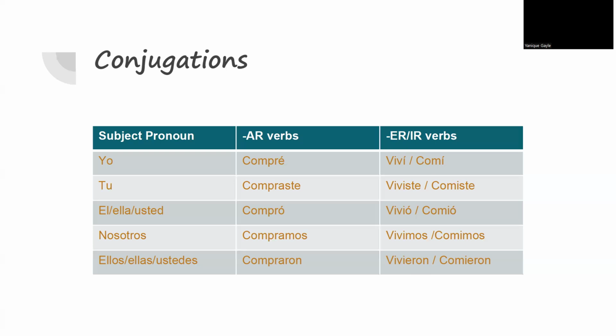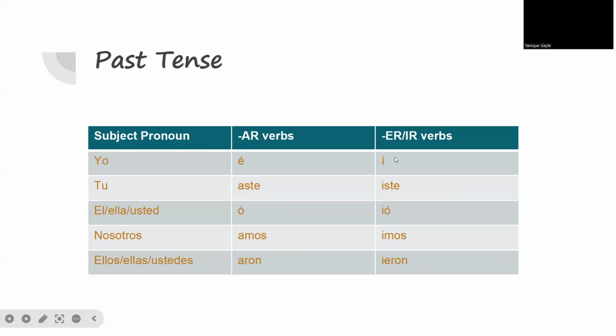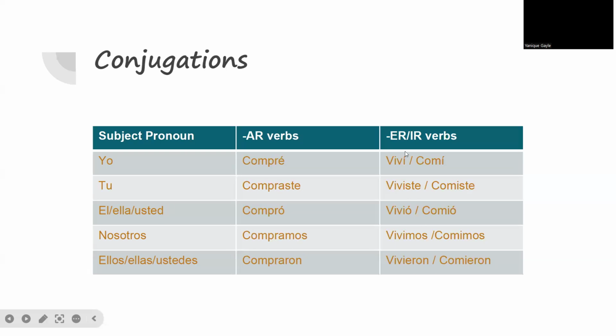So yo comí. Tú comiste. Él, ella, usted comió. Nosotros comimos. Ellos, ellas, ustedes comieron. So all we're doing is taking the endings, removing the ER and the IR, and adding them to the end. And this is how we would conjugate the regular verbs, obviously, in Spanish.